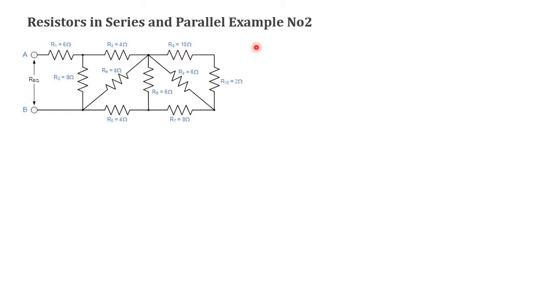So I am going to simplify from the bottom part of this circuit. Here you can see that R8 and R10 are connected in series with R9. Here this R9 and this circuit are in parallel connection.